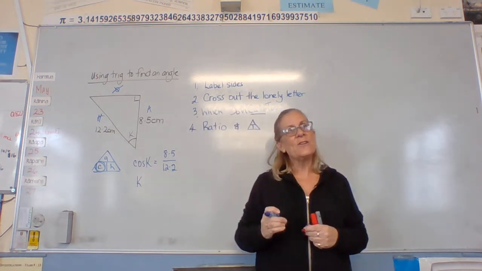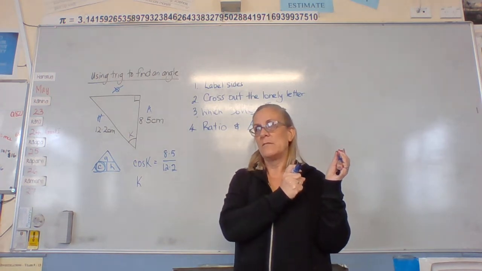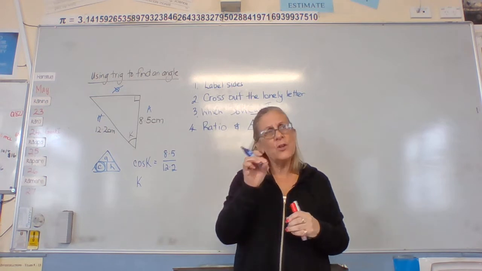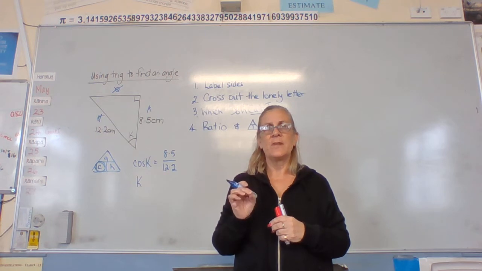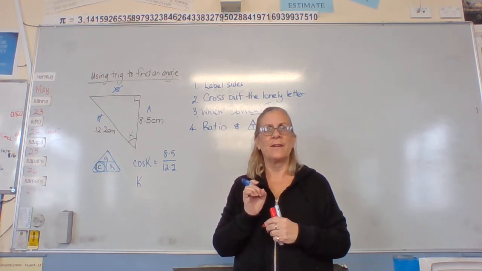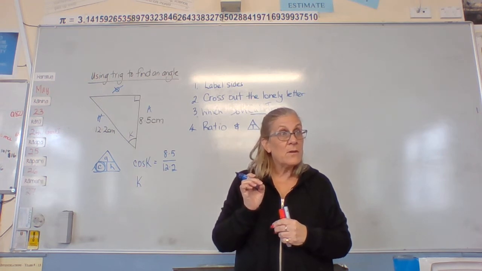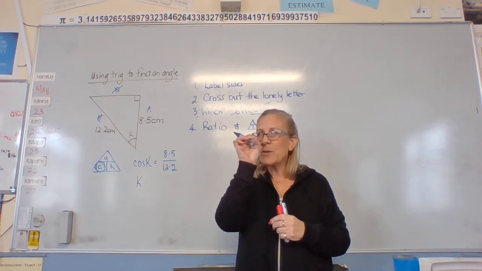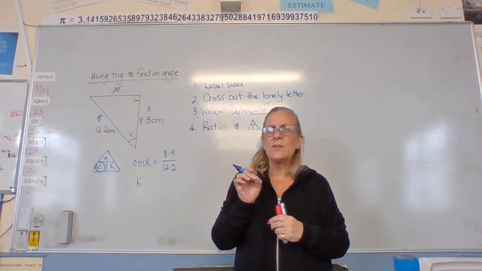So the big trick here is, how do we get the cos onto the other side? When you look at your calculator, you look at those 3 buttons, sine, cos, tan. What's written just above them, in little teeny letters?